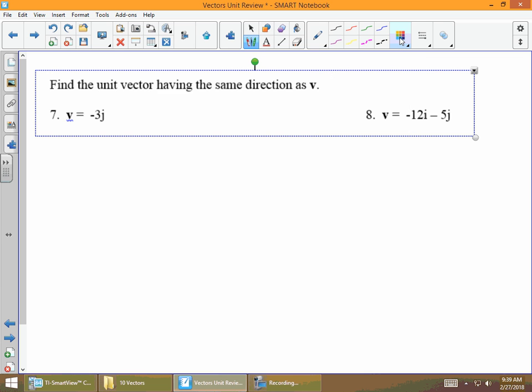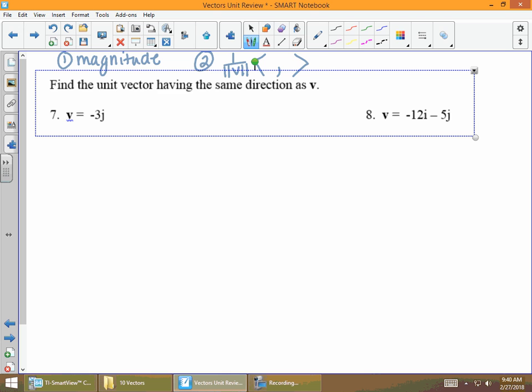So to find the unit vector, the first thing we have to do is find the magnitude. And then we multiply our vector by 1 over the magnitude. 1 over the magnitude times our original vector gives us the unit vector.